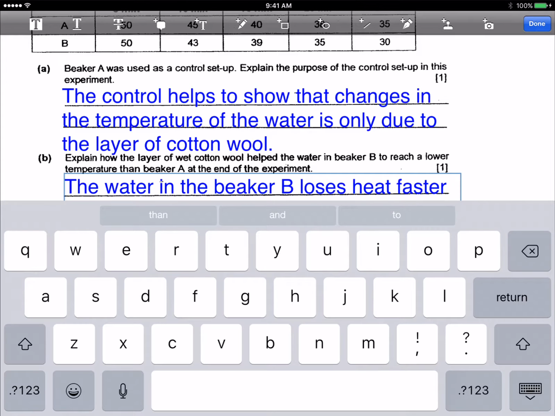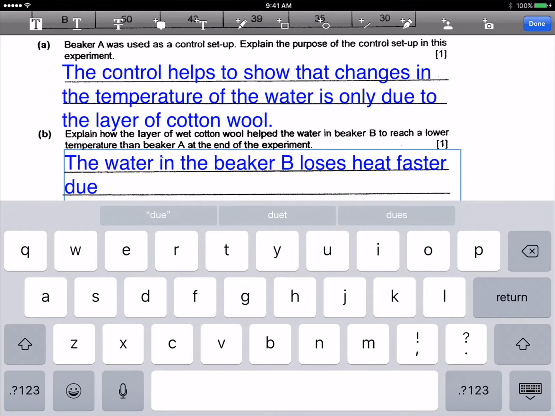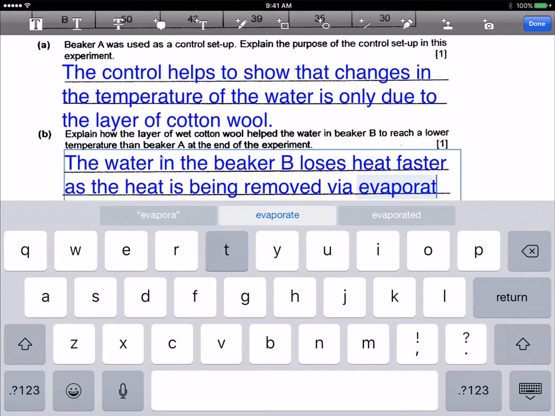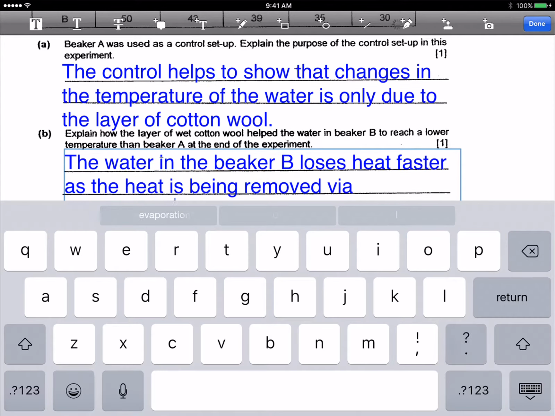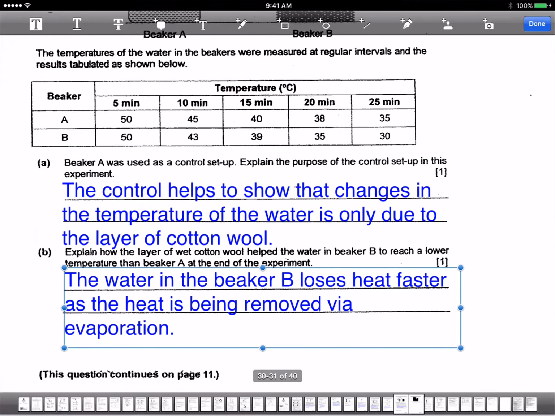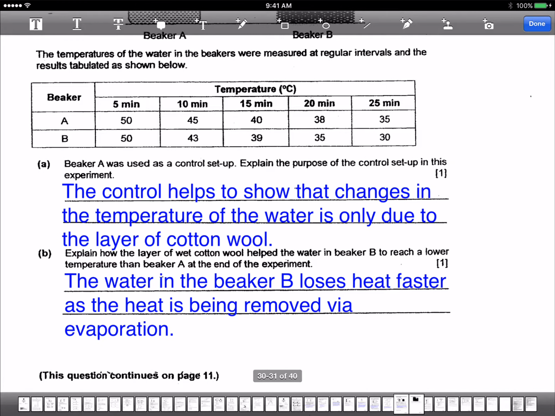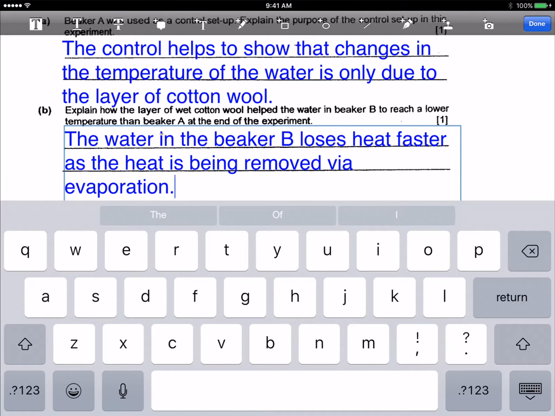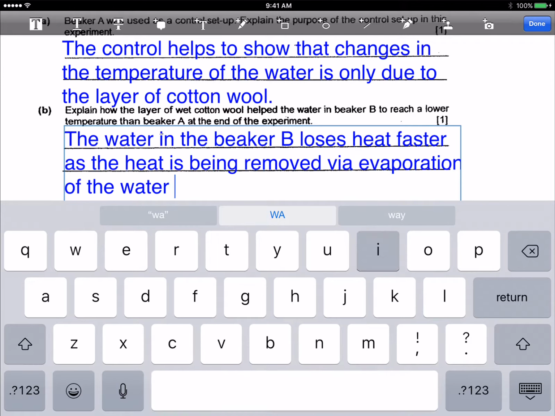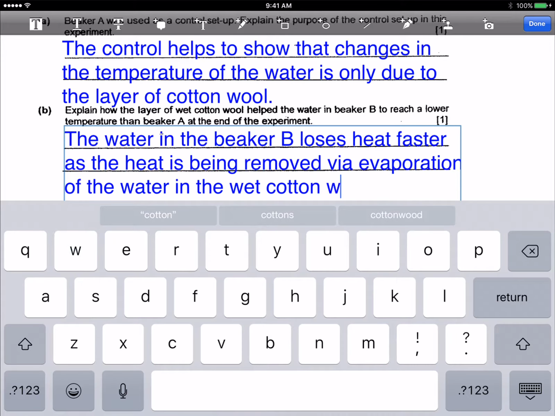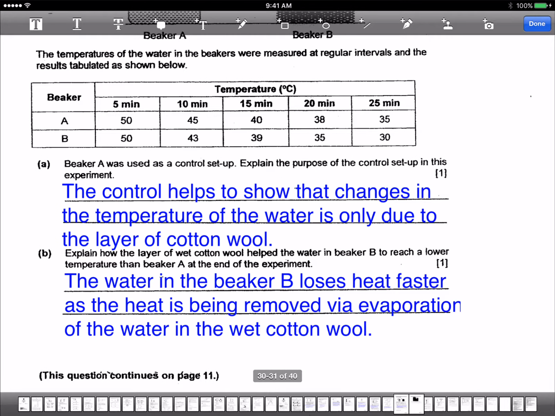Loses heat faster as heat is being removed from the water in the wet cotton wool.